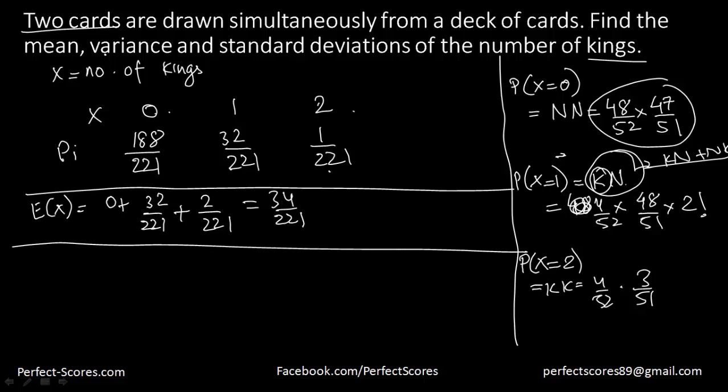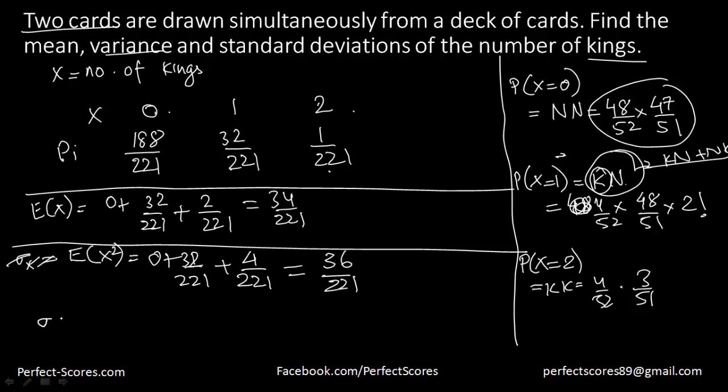And the question asked me the variance. For variance, I first have to calculate the expected value of X square, which is 0 into 188 by 221, which is 0, plus 1 into 32 by 221, because 1 square is 1, plus 2 square, which is 4, into 1 by 221, that is 4 by 221. So that is equal to 36 by 221.